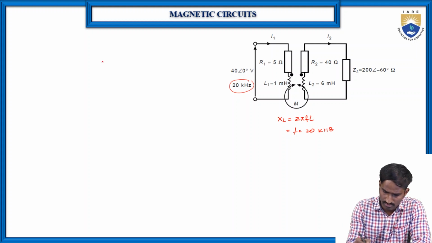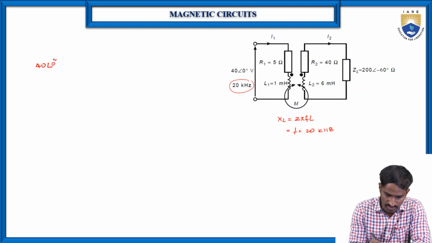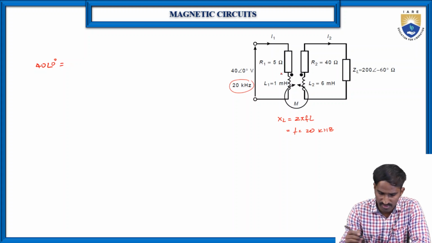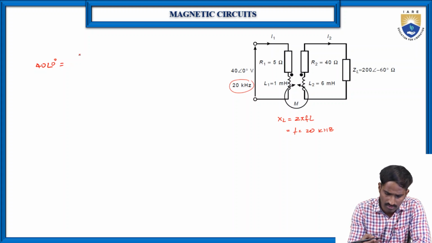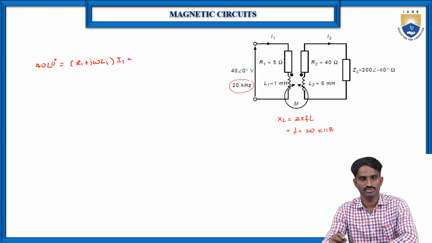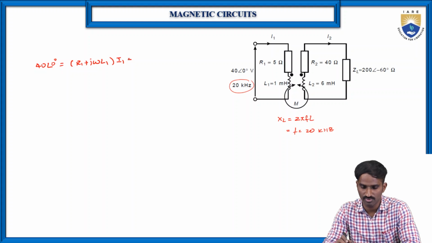So the voltage 40 at an angle of 0 degrees is equal to R1 plus J omega L1 into I1 minus, and here again the dot convention concept will come into the picture.